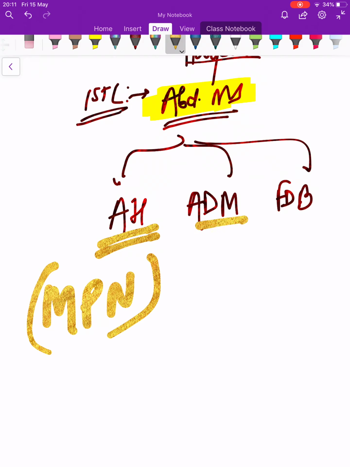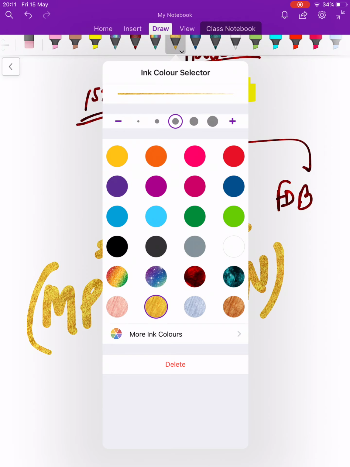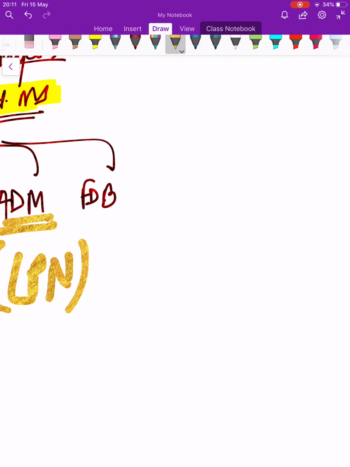Then abductor digiti minimi, nerve supply is lateral plantar nerve. Then flexor digitorum brevis, nerve supply is again medial plantar nerve. Fine.